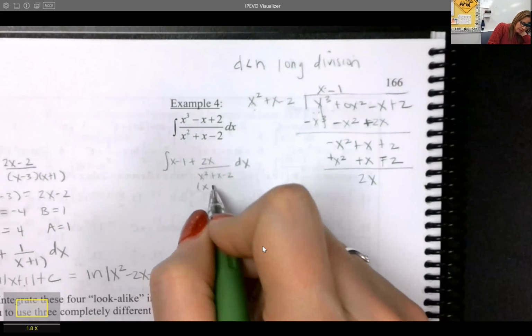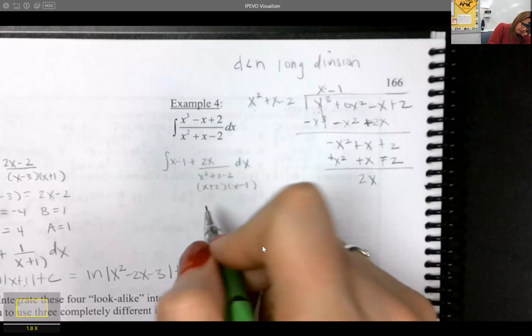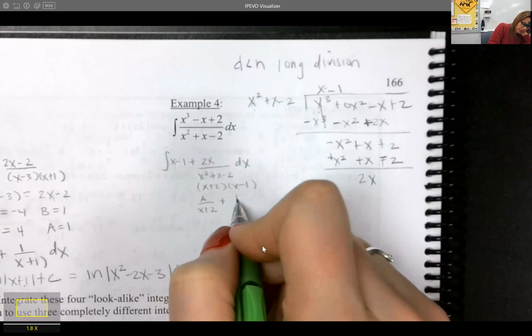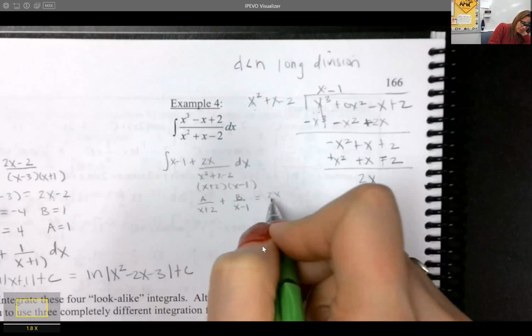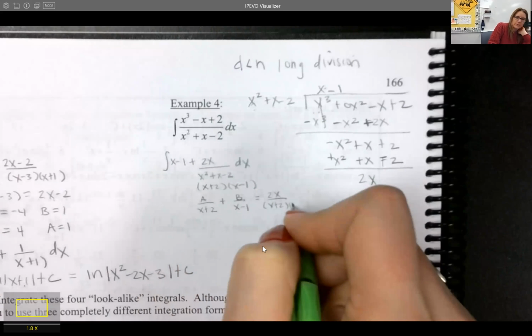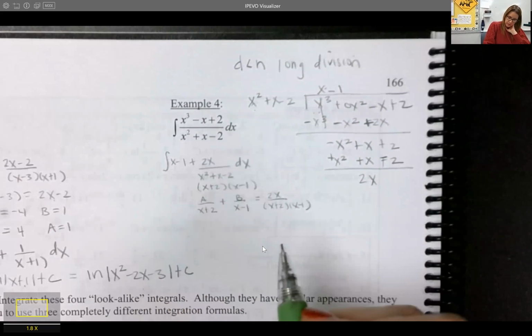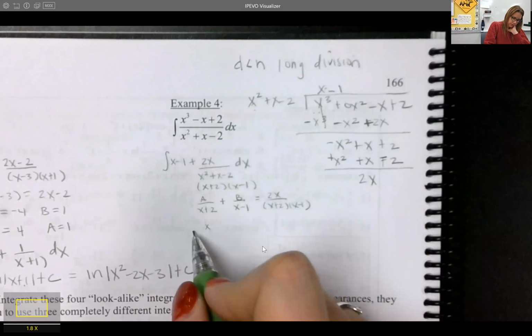So x plus 2 and x minus 1, a over x plus 2, b over x minus 1 equals 2x over both of them. Okay? And so now what we're going to do is cross multiply.